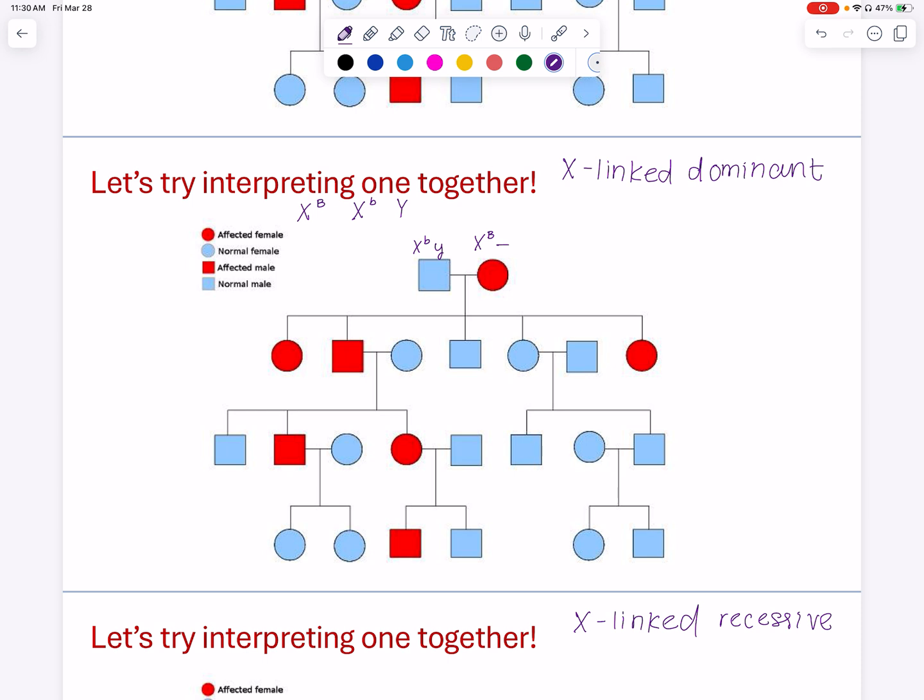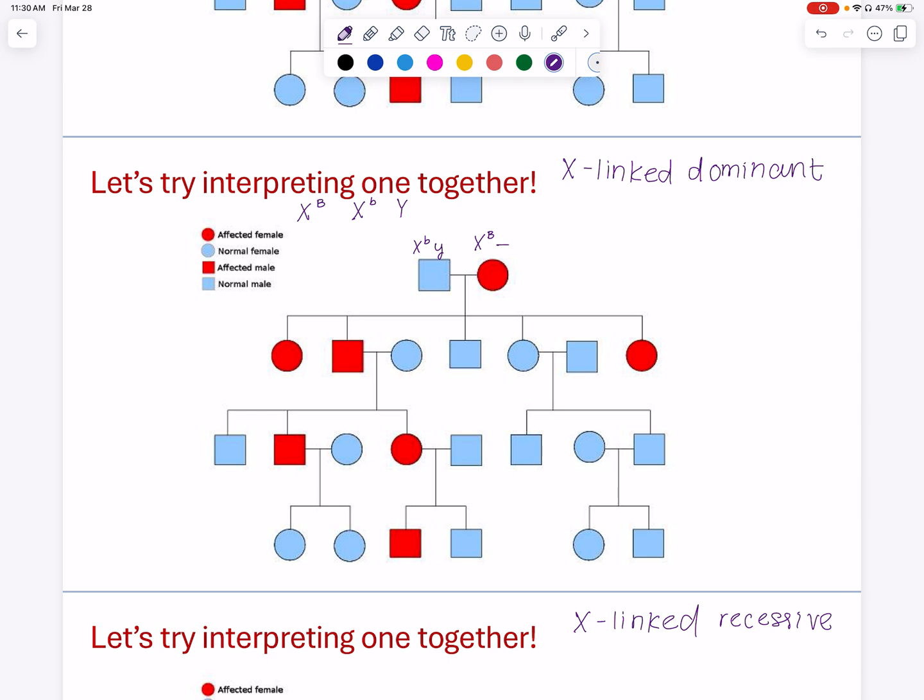If we had these two individuals and they got married and had kids, we can now look at the potential genotypes of their children to determine what is potentially going on here.